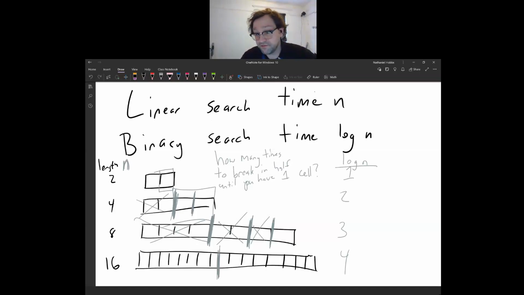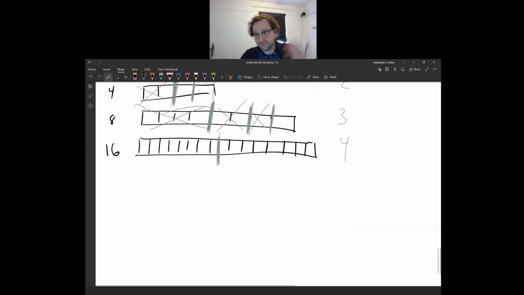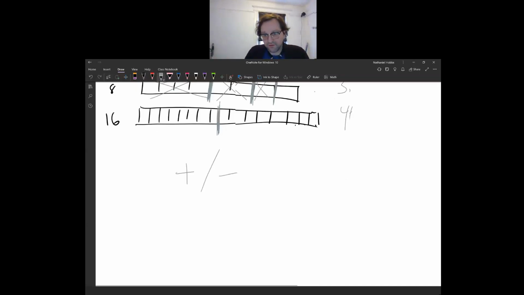Now, for those of you unaware, a logarithm is the other side of the coin of an exponent. So you have addition, and the opposite of addition is subtraction. And then you have multiplication, and the opposite of that is division, right?